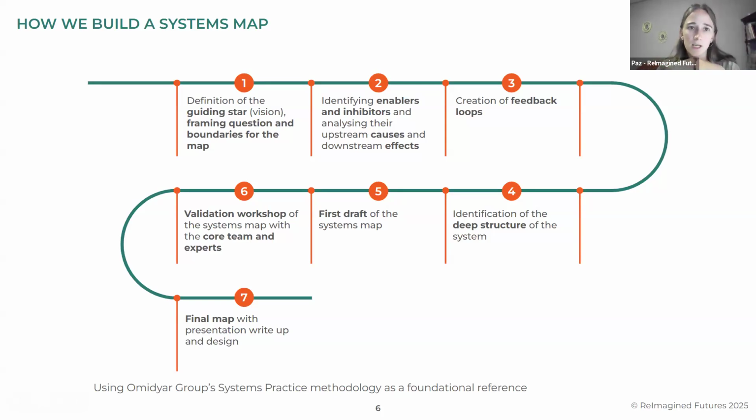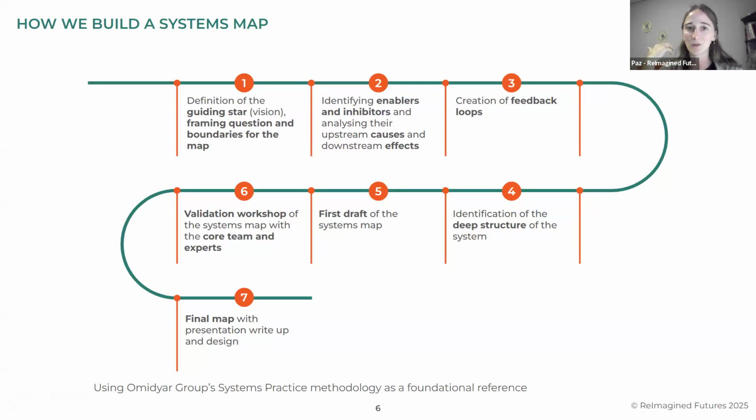But basically, the process is to first and most importantly define a guiding star. The guiding star is a vision, the long-term vision of what we want to achieve. And this guiding star often is translated into a framing question, which is the one that guides the systems mapping process. And of course, we also define the boundaries of the map, because a system is infinite.